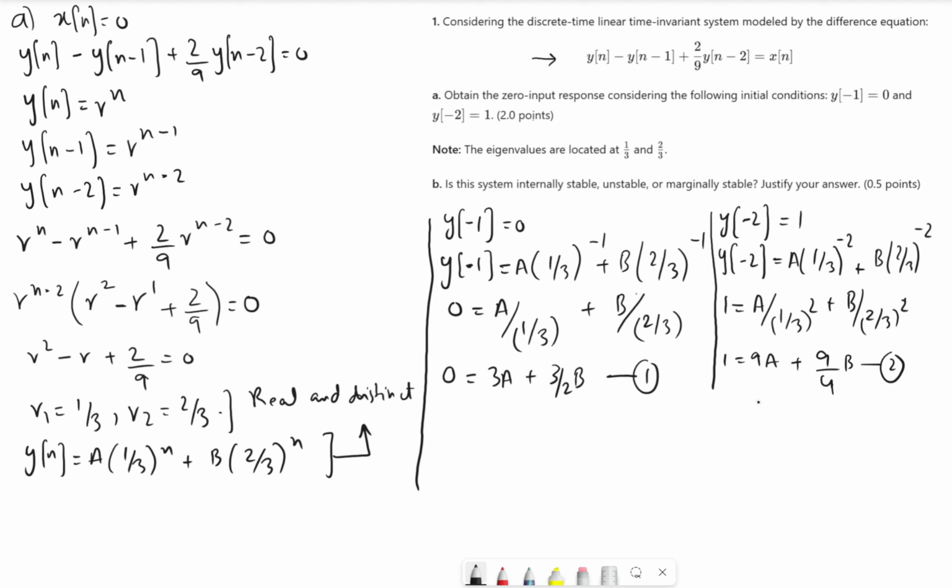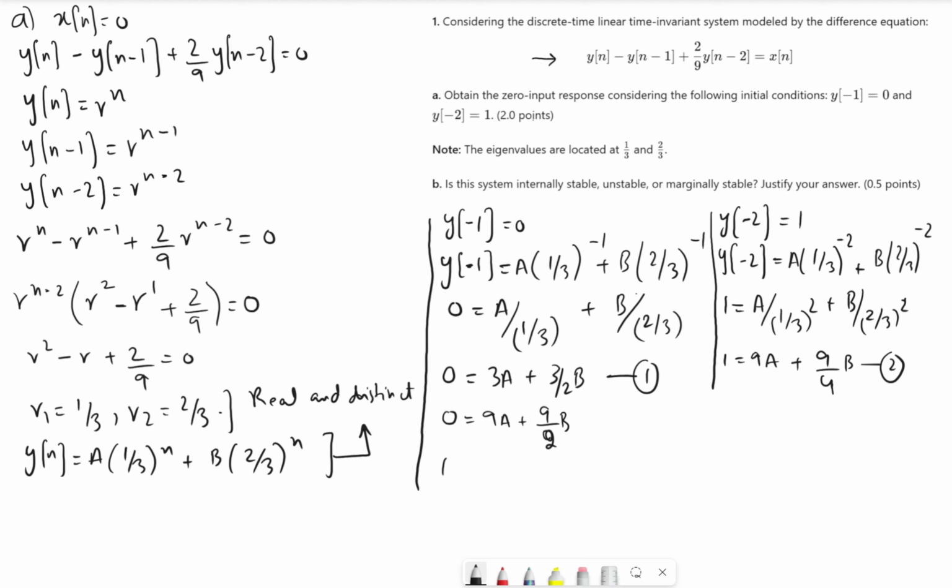Now we have two equations and two unknowns, so I can solve for a and b. What I'll do is multiply the first equation by 3. So this will become 9a plus 9 by 2b. Now I'm going to subtract these two equations, which means I'm going to write this equation under this.